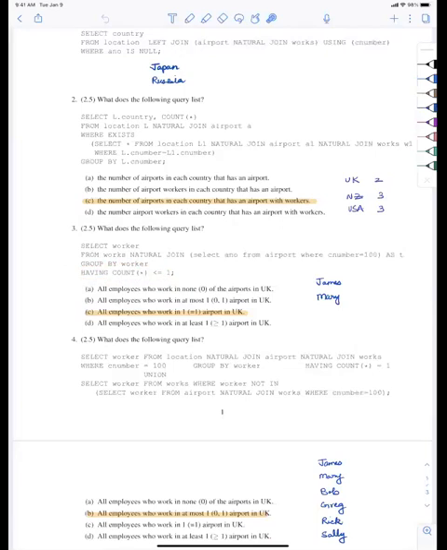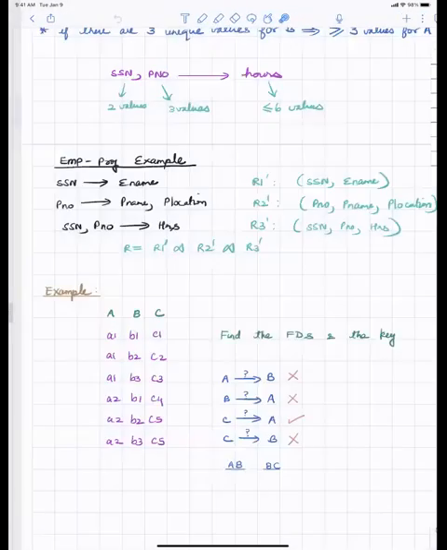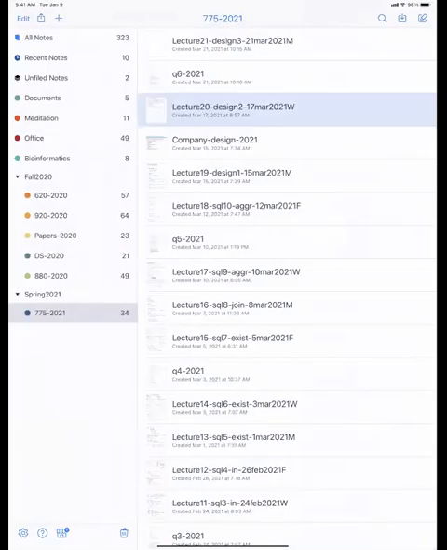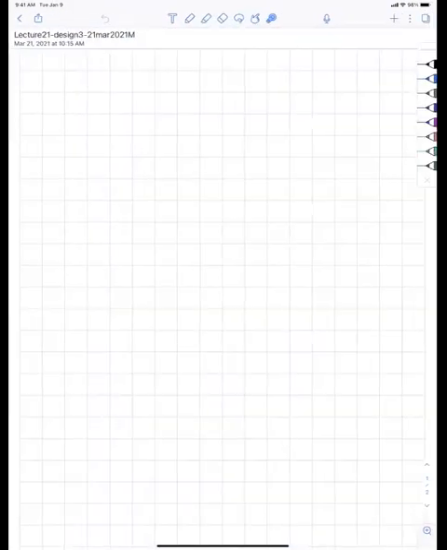Okay, so I'm going to continue with the functional dependencies that I was doing in the last class. At the end of last class, we were looking at functional dependencies, and I went through a few examples. So I'm just going to continue with FDs today.